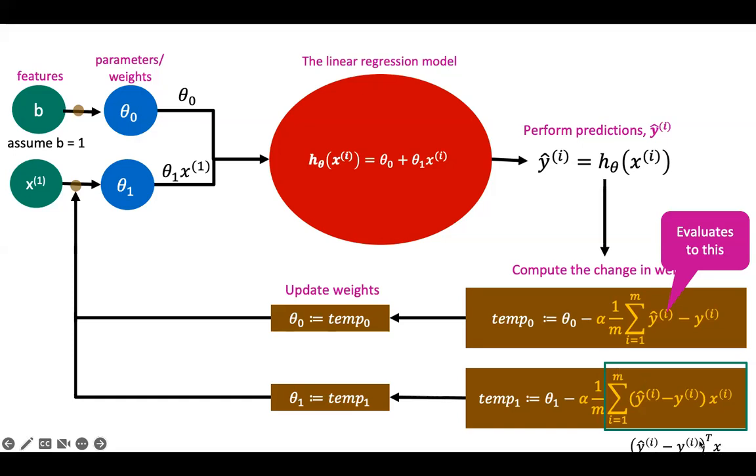And of course, you have to multiply this by 1 over m times the alpha.